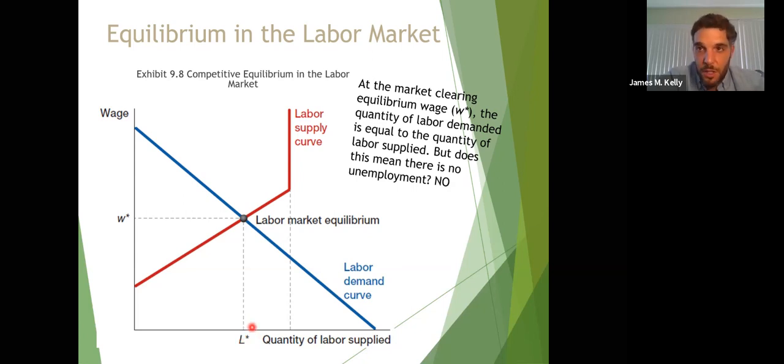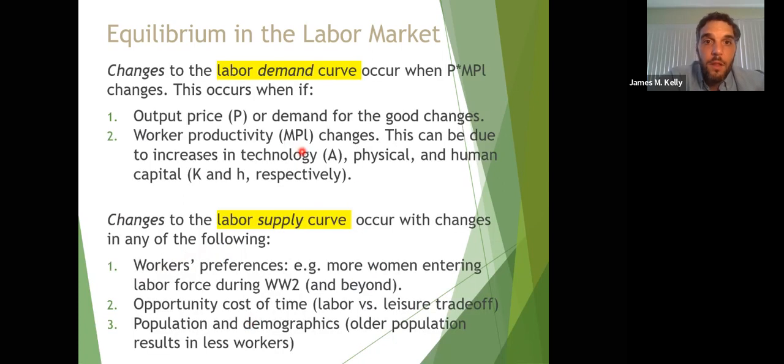However, there are causes of shifts in the demand and supply of labor. Changes in demand occur when either the price of the good changes, meaning the P in the value of the marginal product of labor, or the marginal product of labor changes, like the additional output, the productivity of workers.